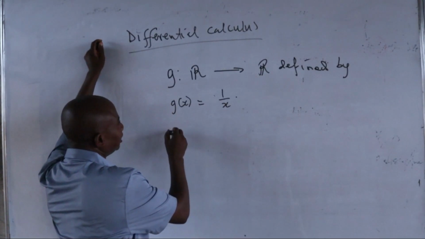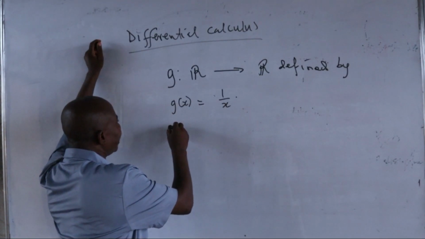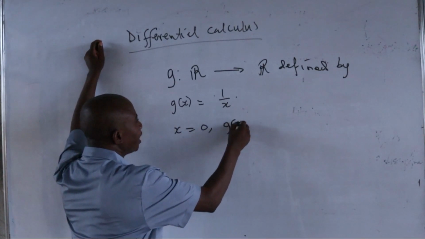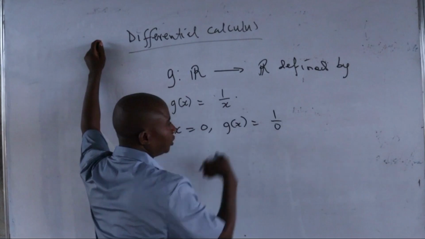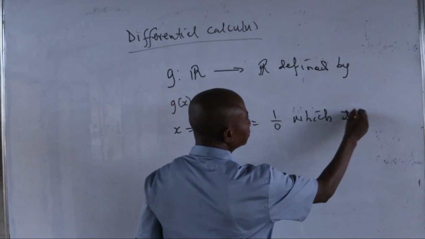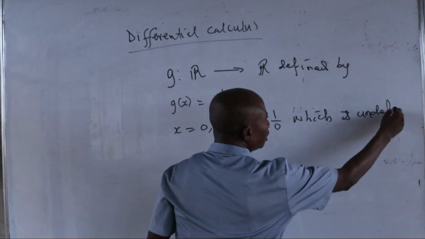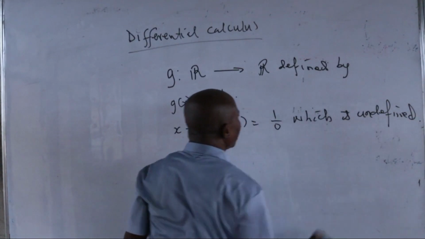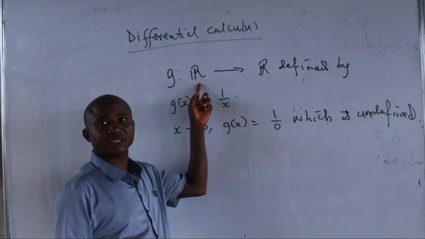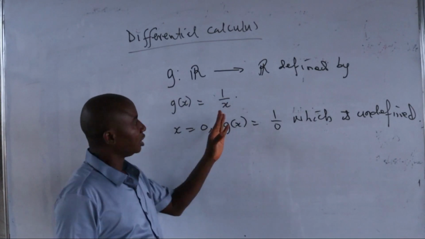Notice that for x equals 0, g of x will give us 1 over 0, which is undefined. Because it is undefined, we say that this function is not defined at the point x equal to 0.